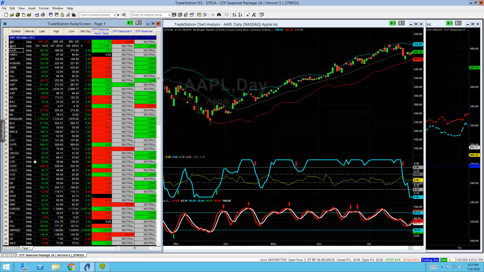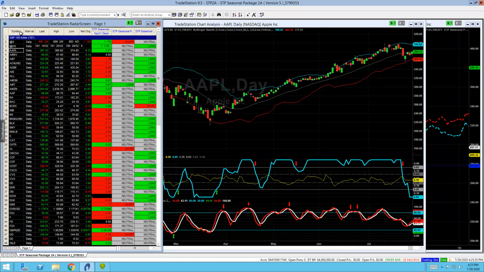But here's the beauty about TradeStation. You can literally put up to roughly 950 stocks, however many you want, and then it'll give you what I'm going to show you. Thinkorswim has some limitations there. They can't handle as much data. TradeStation can handle much more.